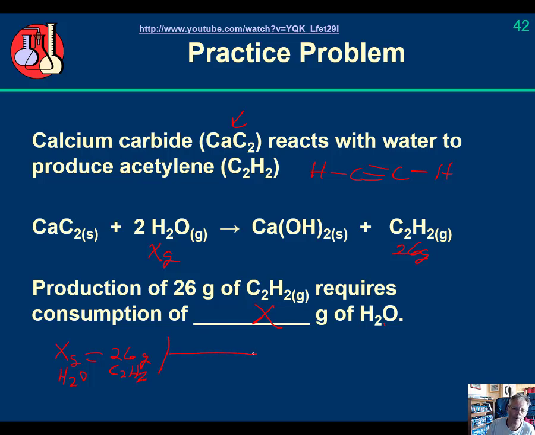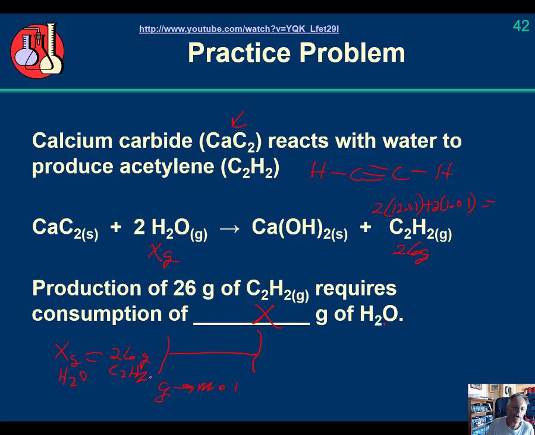The first step in this problem is to convert grams to moles. How do I do that? I divide by the molar mass. So this is going to be 2 times 12.01 plus 2 times 1.01.